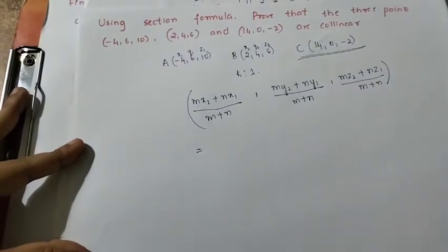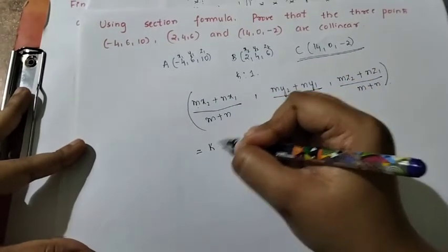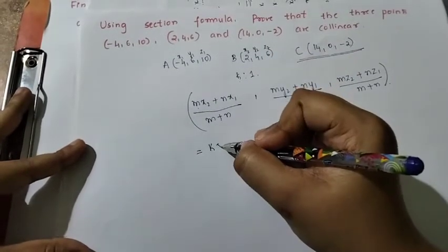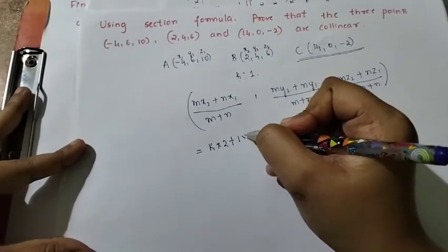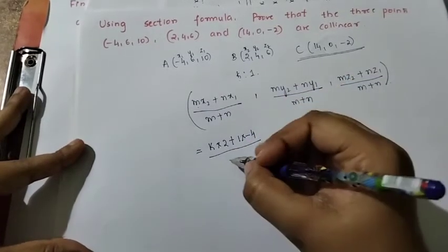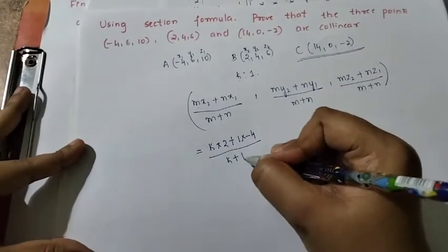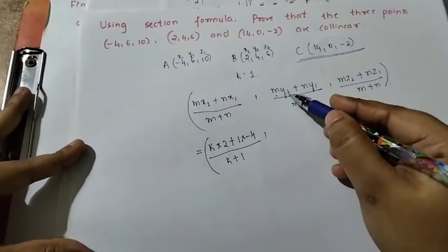Okay, so first, what I have taken: k into x2 value is how much? It is 2. K into 2 plus n value 1 into x1 value is minus 4, divided by m plus n, which is k plus 1. Next, m into y2.